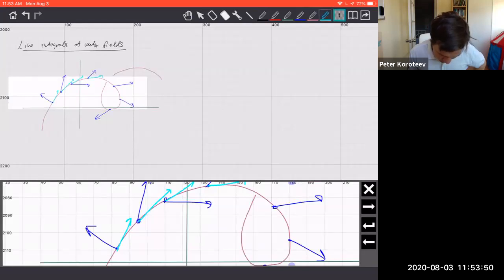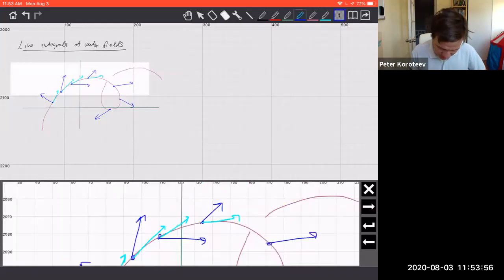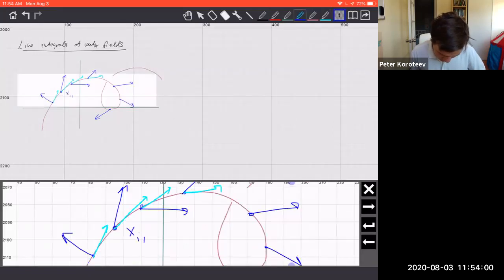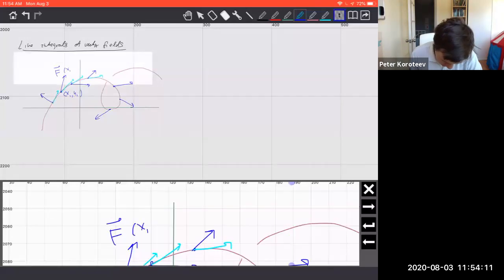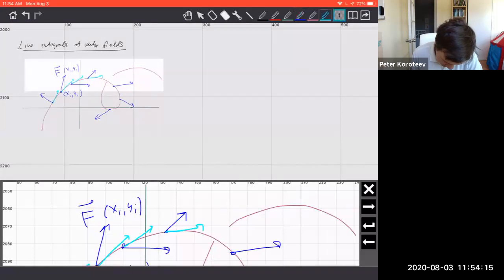Right, and then we can compute the dot product, right? So here, say there's a point (xi, yi). We have a vector field F at (xi, yi), and then there's a tangent vector T at that point (xi, yi).